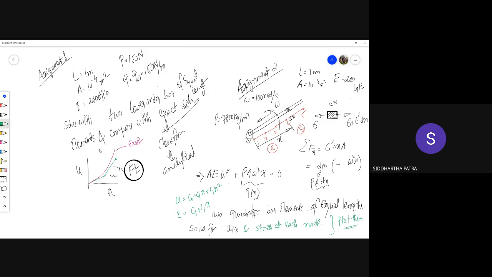And also compare with the exact solution. Okay. So I need you to plot each of these displacements and stress values at each node, and also compare them with the exact solutions.